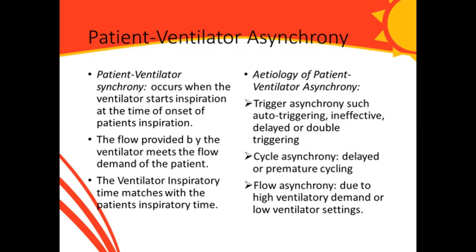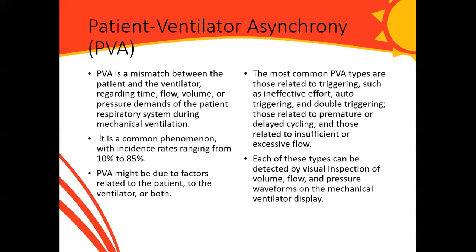There's cycle asynchrony, that is, when you're turning from inspiration to expiration. Or there could be flow asynchrony. There could be high demand for flow by the patient, but the ventilator is set at a very low flow rate. Like I said, it's a common phenomenon, occurring at a rate of between 10 to 85%.